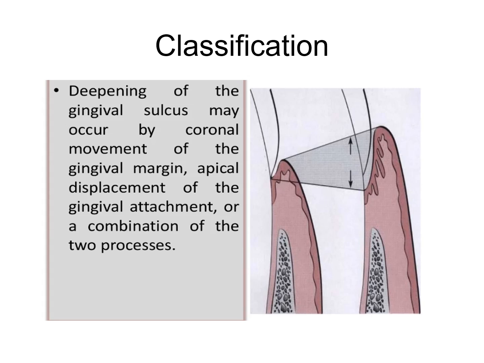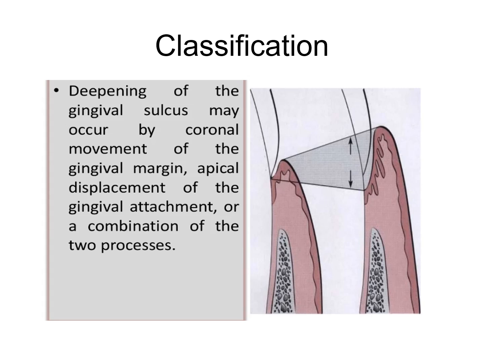When it occurs due to a coronal movement of the gingival margin, it is known as a pseudo pocket. When the increase in depth occurs due to a downward or an apical migration of the junctional epithelial cells, this is known as a true or a periodontal pocket.